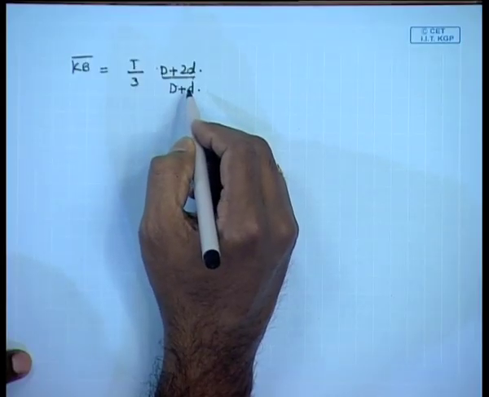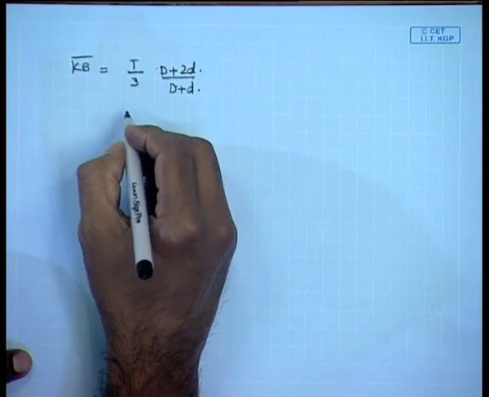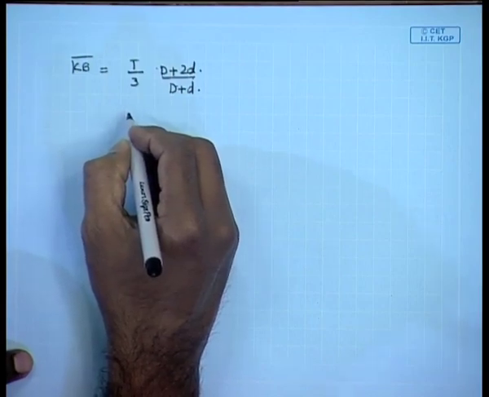So, you just have to learn by heart this expression for the centroid of a trapezium. We might be using it again and again. So, just memorize this. So, this gives you T by 3 into d plus d. This gives you the KB, the centroid of the trapezoid.